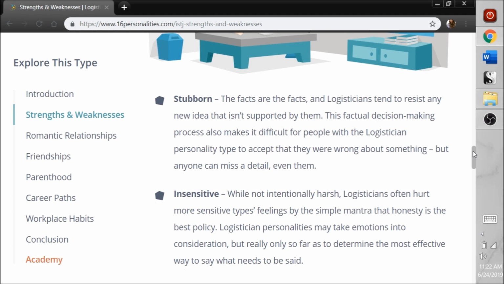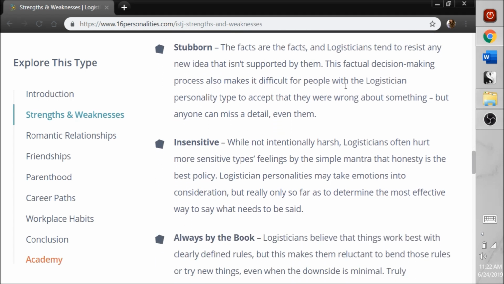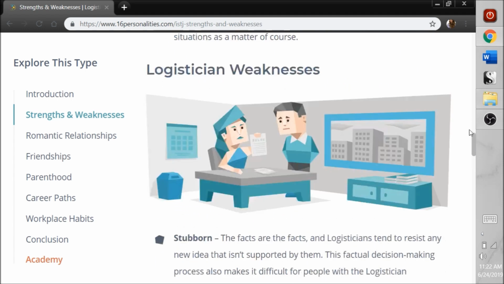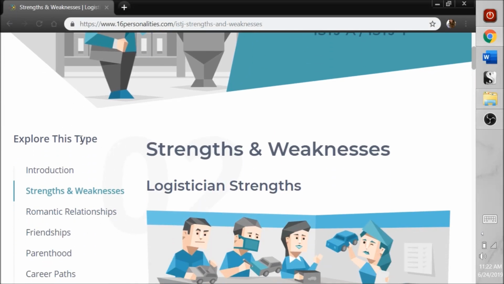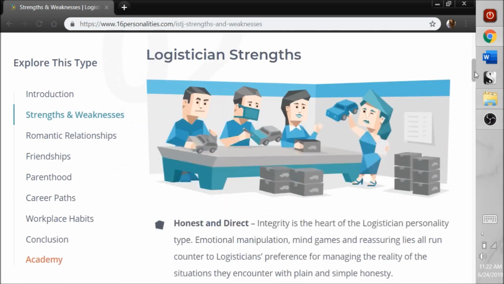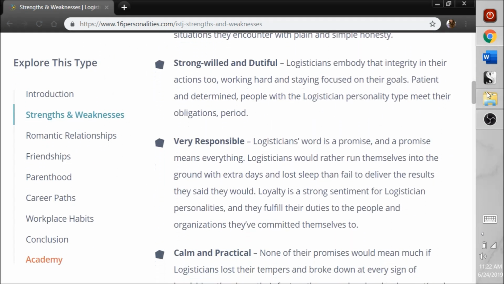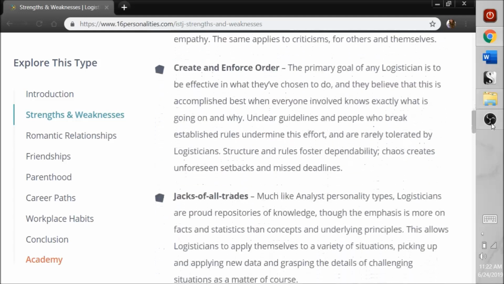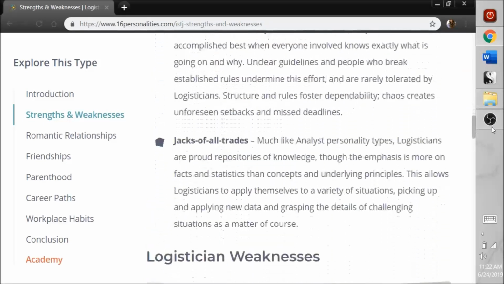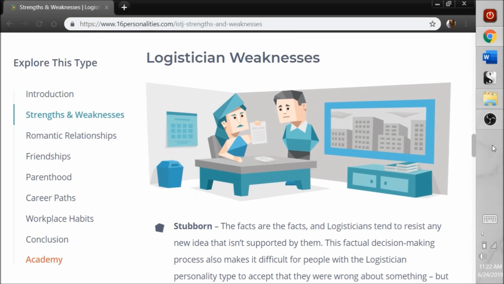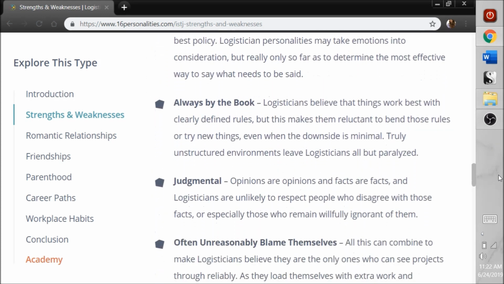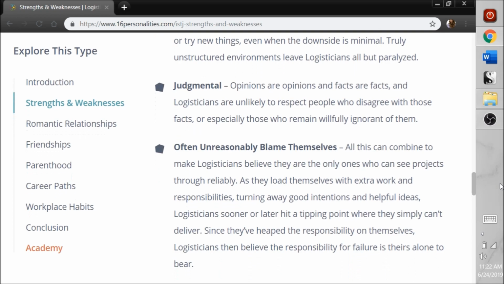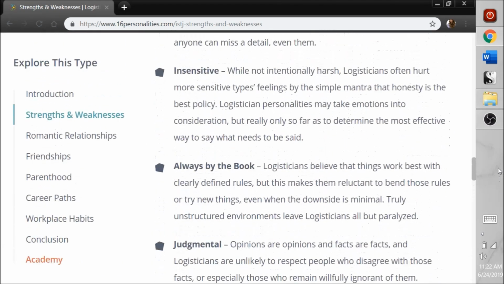So that's the really cool thing about a site like this, is they tell you if your character seems like they match up with this logistician personality, if the introduction totally sounds like them, if all of these strengths, or at least most of these strengths, seem to match up well with the character that you have in mind that you're creating, then these weaknesses are probably weaknesses that a personality type like that would exhibit.